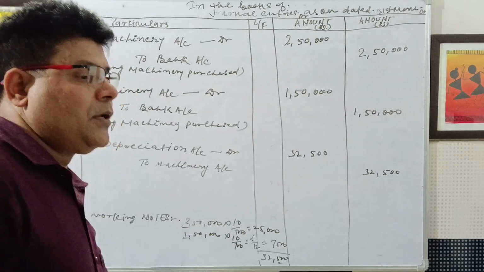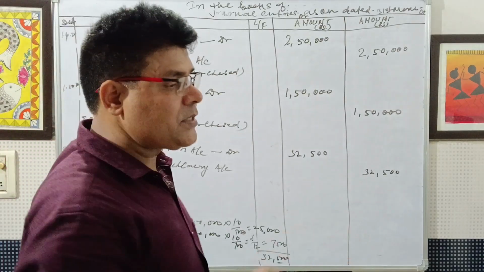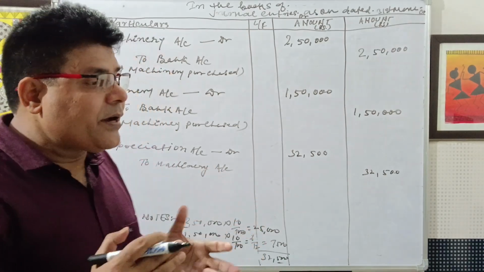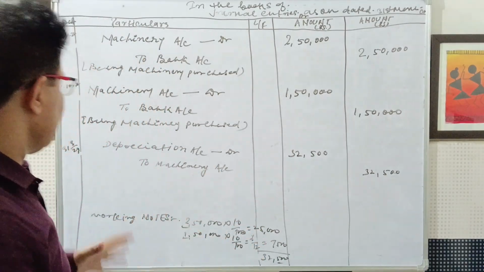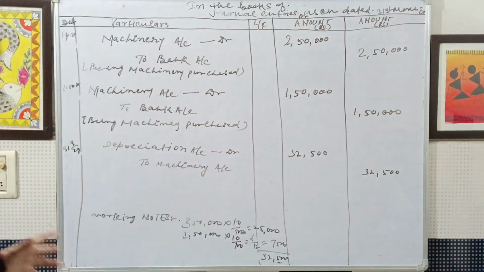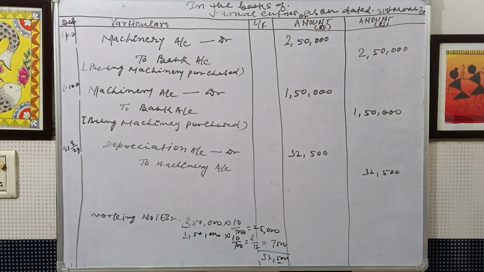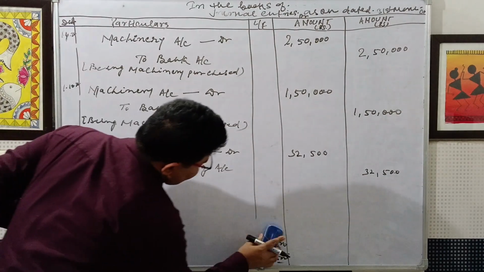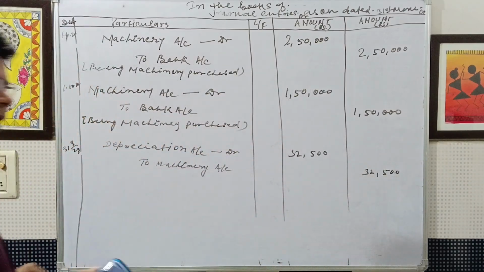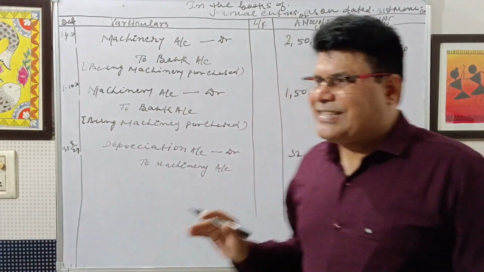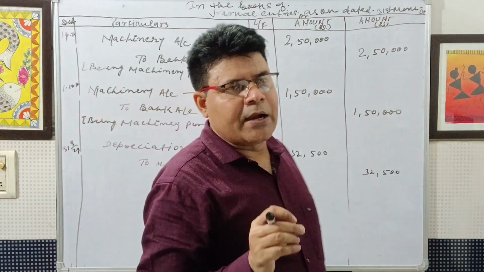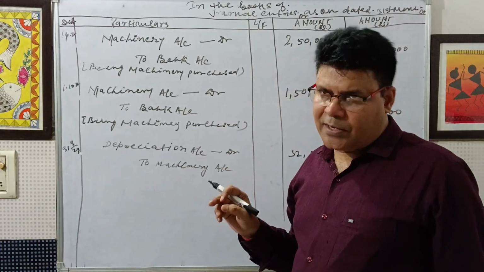And what does the question ask? The year ended 31st March 23 and 24. This is one year's depreciation, and for the other year, how to calculate? Because of the diminishing balance method, I already discussed that. Straight line method is called original cost method or fixed installment method, and diminishing balance method is called reducing balance method.